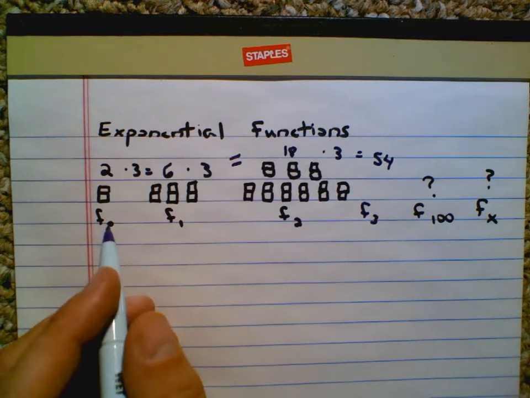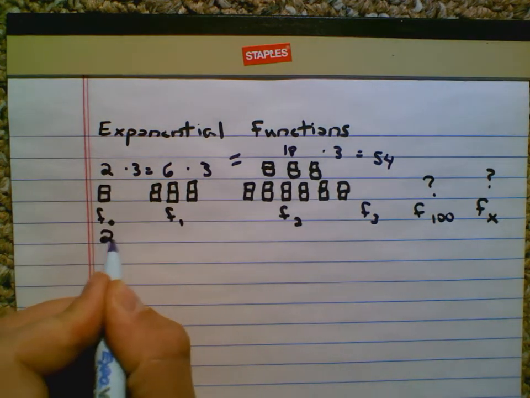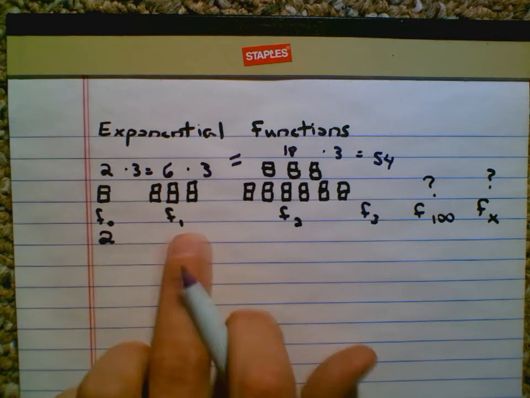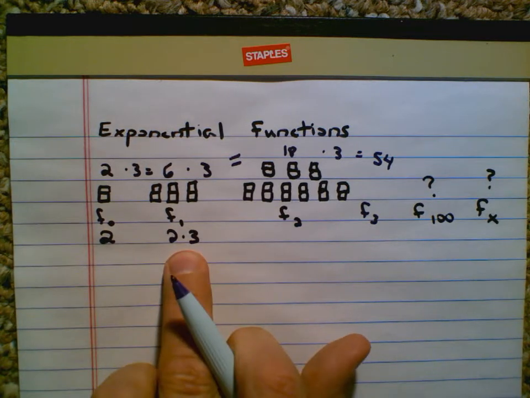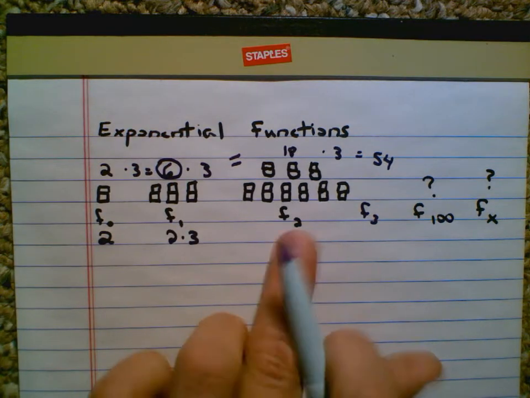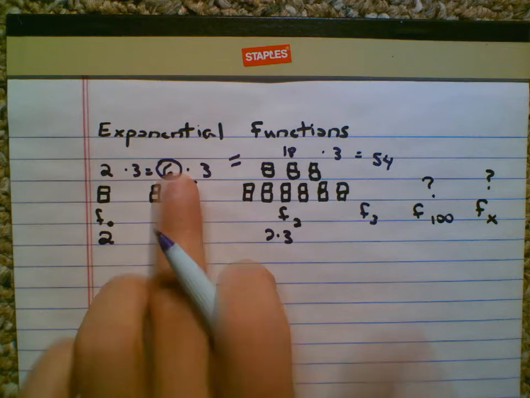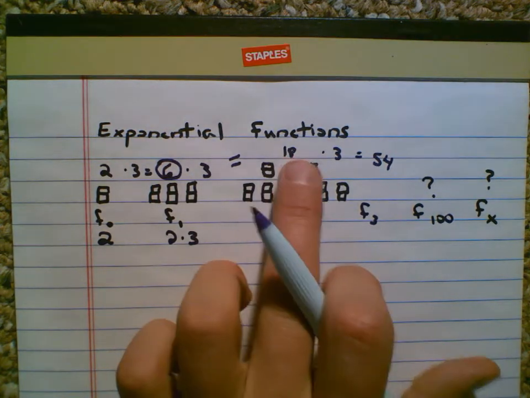So what I notice is, in figure 0, I started with 2. In figure 1, I had 2 times 3 boxes, or 6 boxes. In figure 2, I took that 2 times 3, or 6 boxes, and I multiplied by an additional 3, which gave me 18.